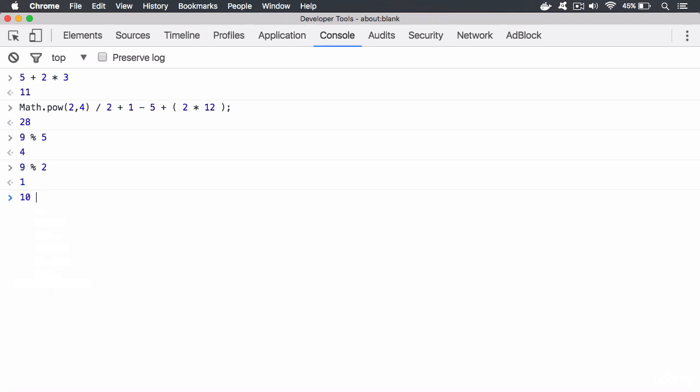But if I was to say 10 modulus divide 2, I know that 10 is an even number because 2 was able to divide that number up and there was nothing left over. There was nothing. And so that's it. So it's actually quite good for finding odd and even numbers.